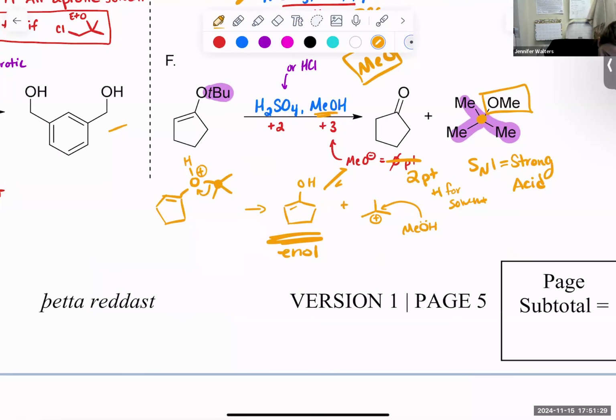An alternative reaction that you could have done that I absolutely did not anticipate was if you add tert-butoxide with tert-butanol. So you're adding that strong base with an O minus, you can have that O minus as a leaving group. So then you can do an E2 elimination.